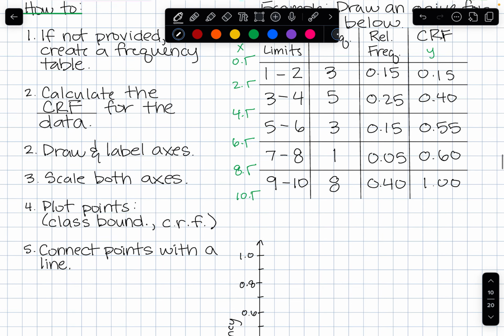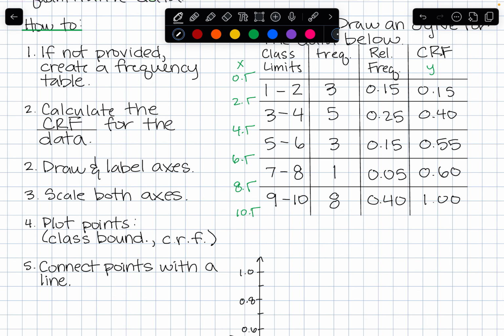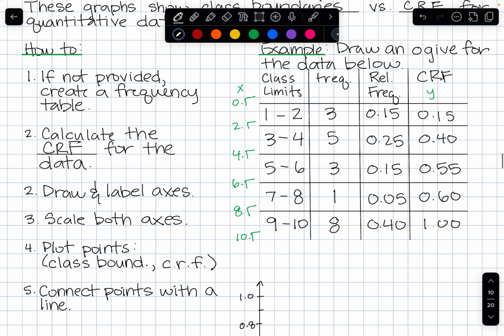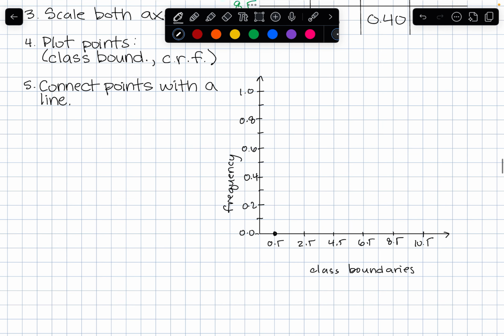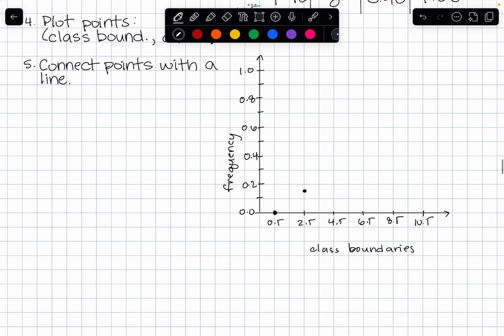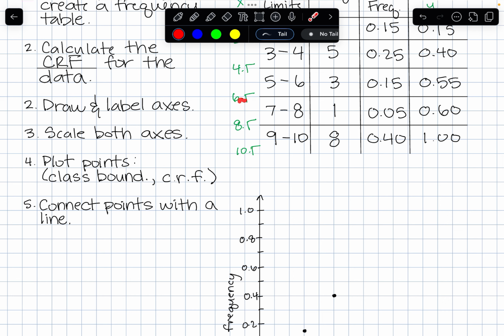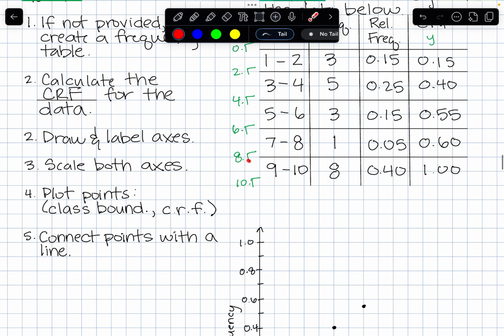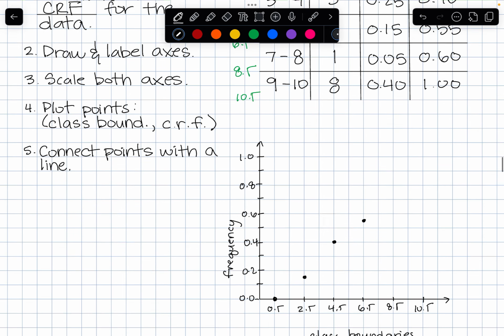And then we're going to pair them off. So my next one, 2.5, goes with 15%. So that would be right here. 4.5 goes with 40%. 6.5 goes with 55%. 8.5 goes with 60%.